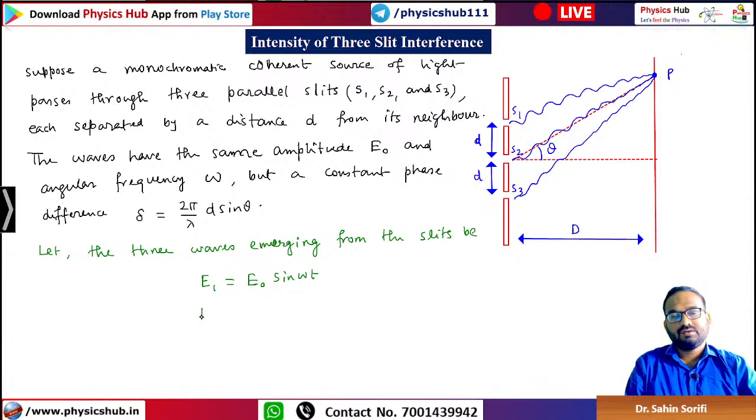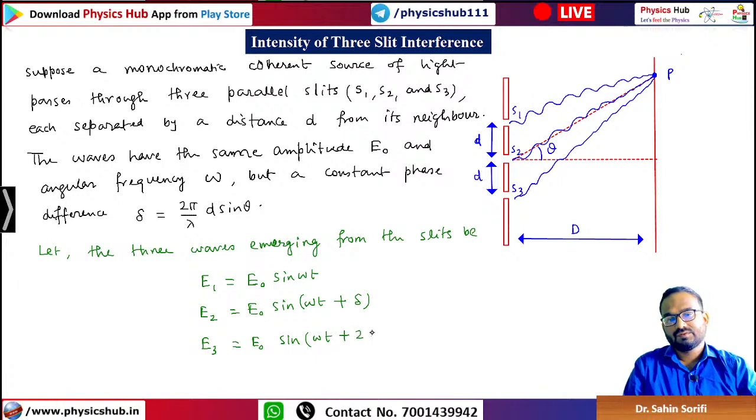E2 has the same amplitude and same frequency, but a constant phase difference of delta, so it will be E0 sin of omega t plus delta. And the third one we can write as E0 sin of omega t plus 2 delta. Can you write it?